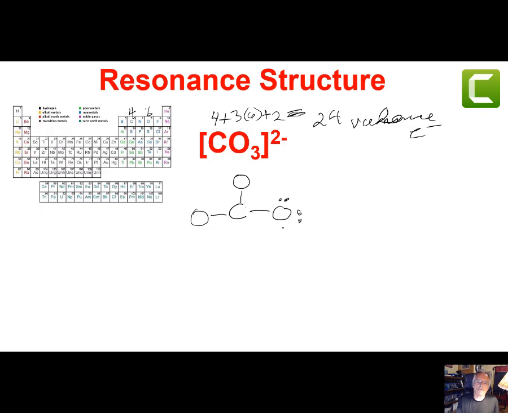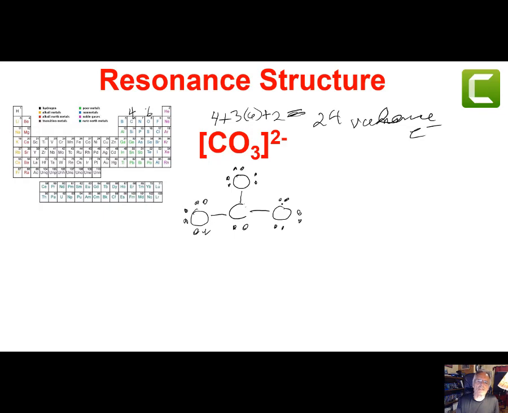And so I've got 8 electrons around each oxygen. So that's 2, 4, 6, and don't forget the bond, to 8, and 2, 4, 6, and 8, and don't forget carbon, it gets 8 electrons too. 2, 4, 6, 8.